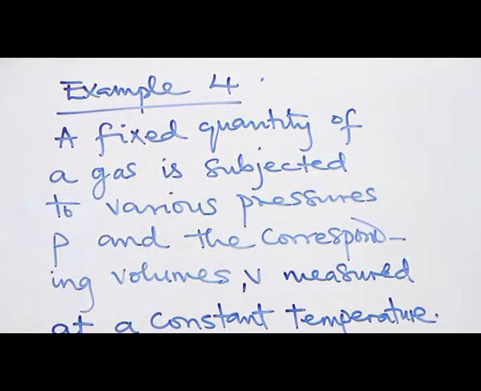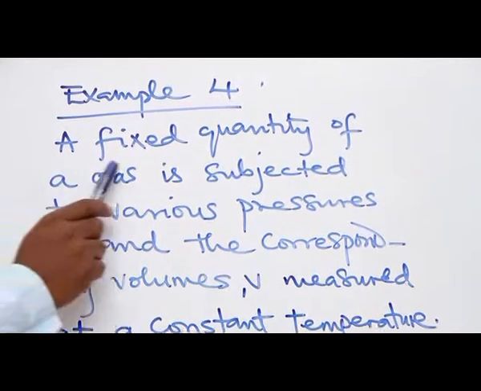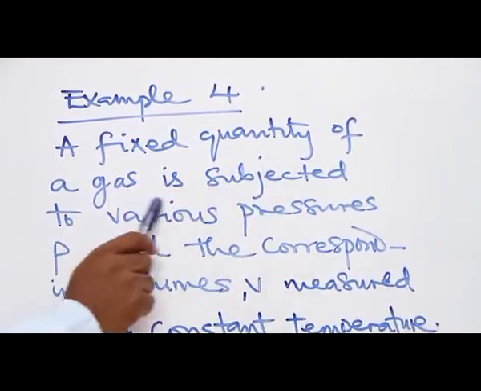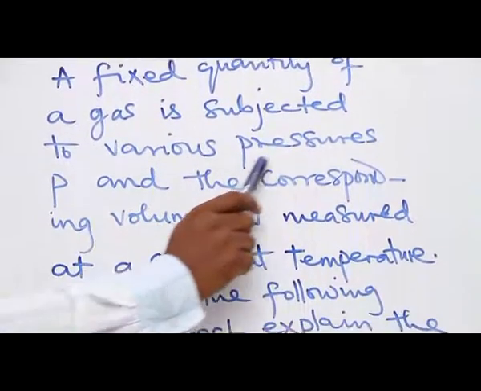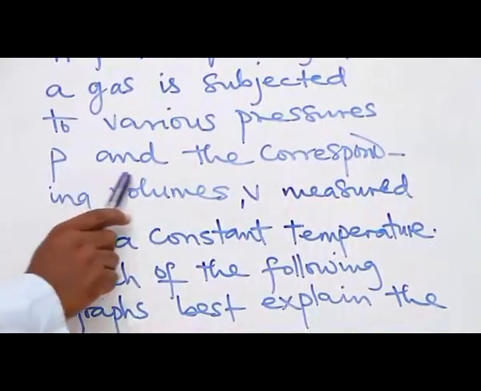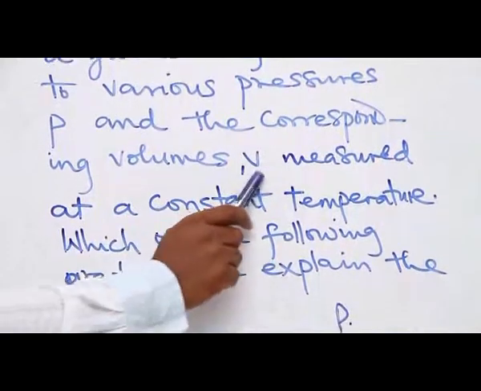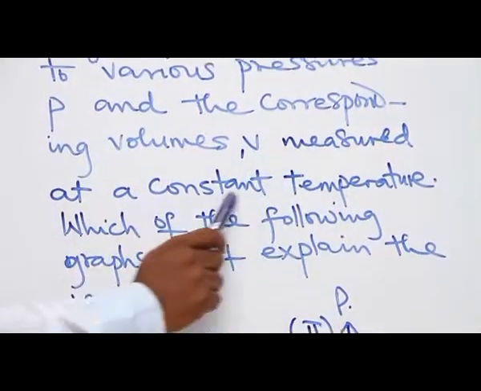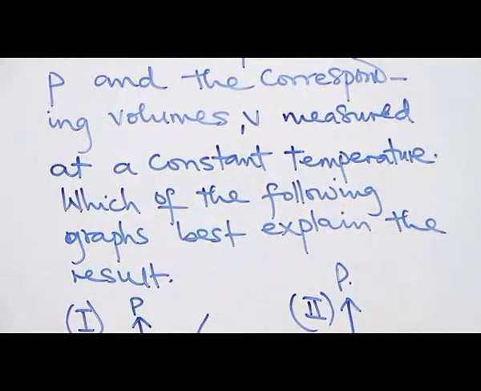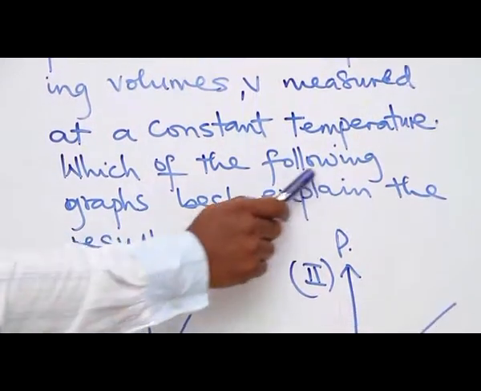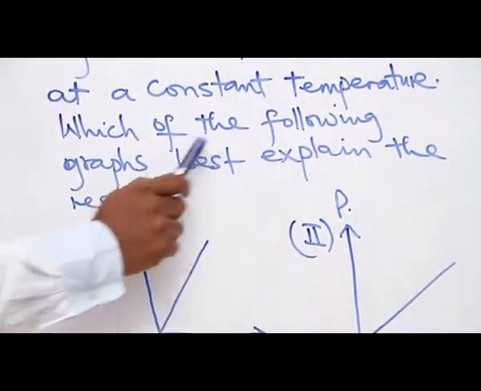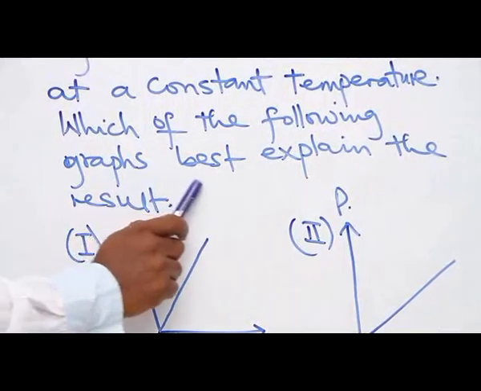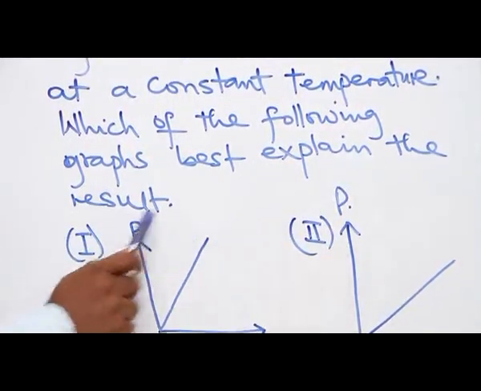Example 4. A fixed quantity of a gas is subjected to various pressures P and the corresponding volumes V measured at constant temperature. Which of the following graphs best explain the result?